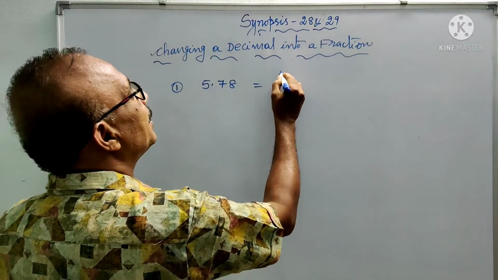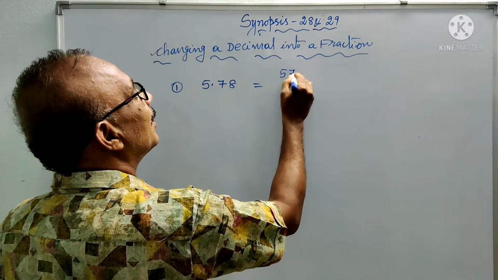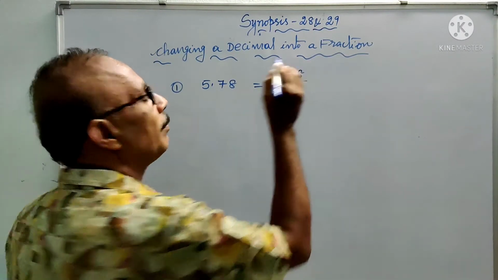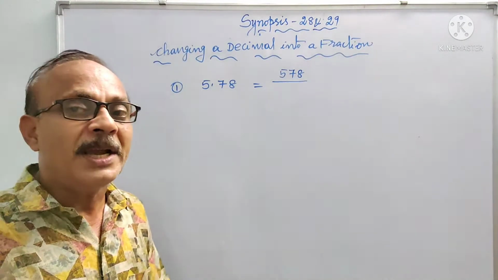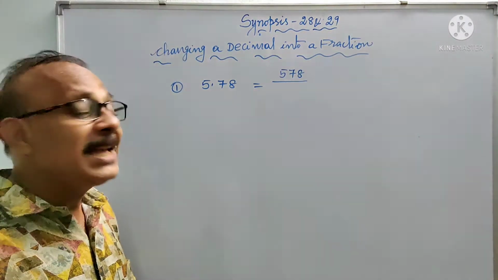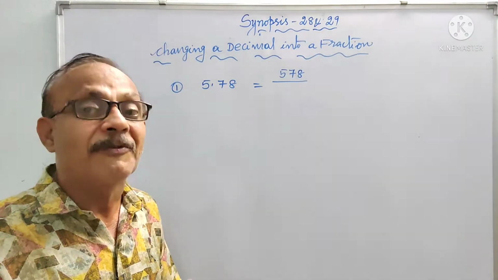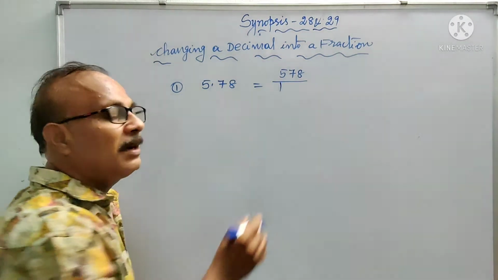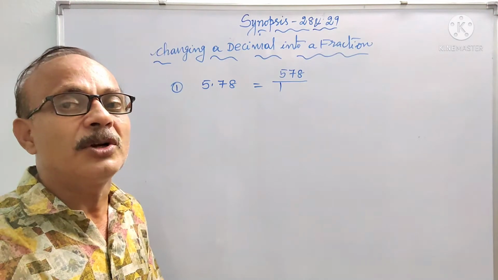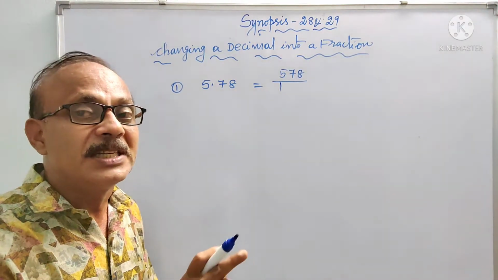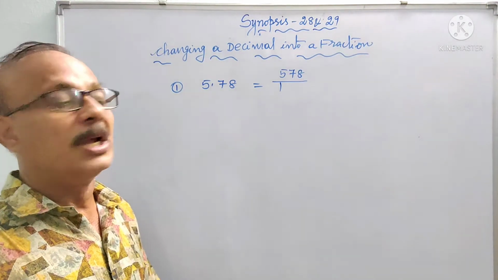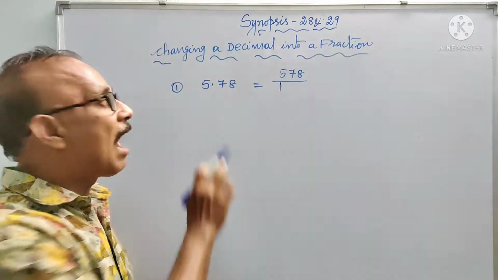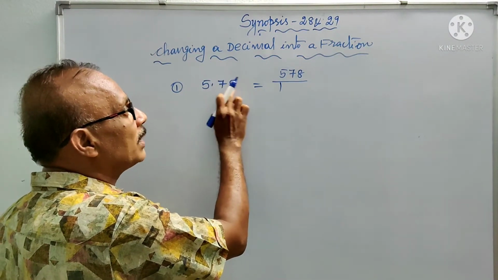So that we write as numerator, and in the denominator, we write 1 followed by as many zeros as the number of digits after the decimal point. In this particular case, after the decimal point, you have 2 digits.